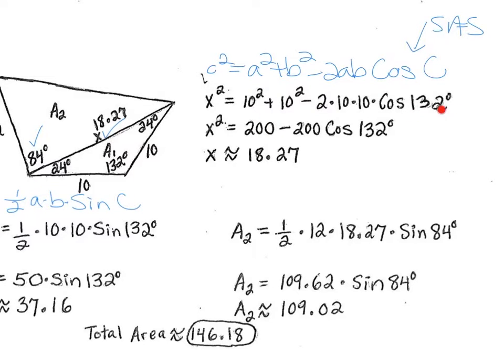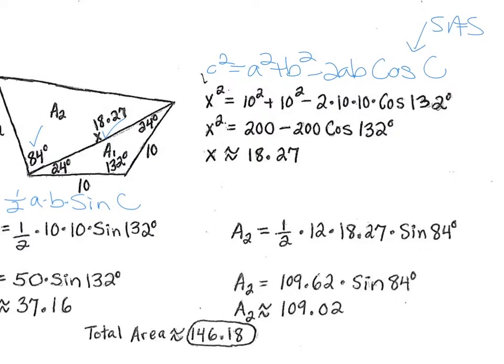So that's why we put 132 there. And once we have our 132 angle, we are pairing that with the side opposite it to find the x, okay? So that's the first thing. I'm going to find that missing side of the triangle here, okay?